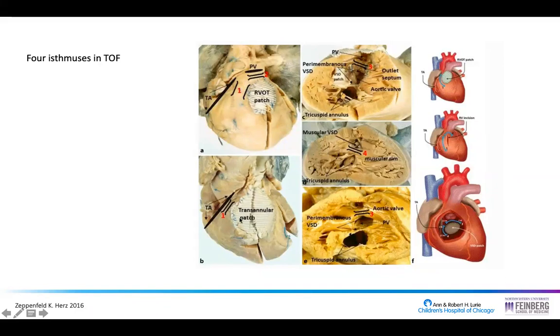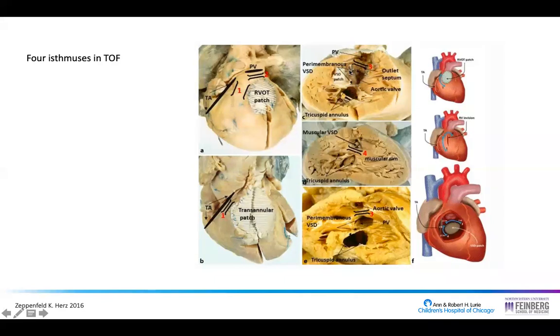Here again is a similar look at someone who has this tricuspid annulus, and you can see here that this number one isthmus is still intact, but here this transannular patch has gone through the pulmonary valve, so that second isthmus does not exist. And then opening up the heart to look at isthmuses 3 and 4, here's the reflected VSD patch. It belongs over this perimembranous VSD.